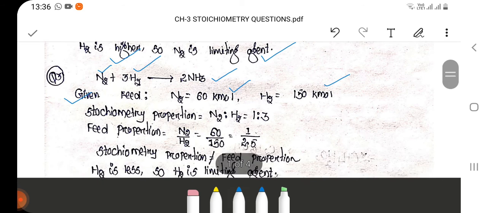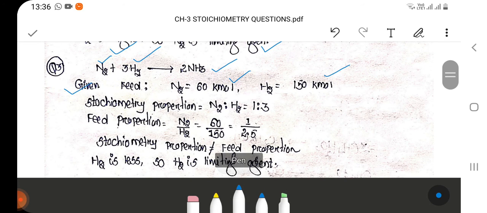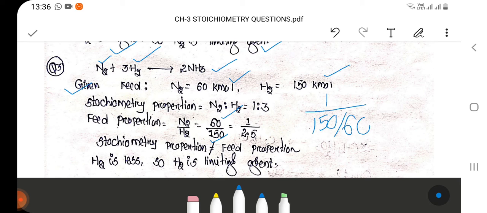Now let's come to the feed proportion. In the feed proportion, nitrogen is given 60 and hydrogen is given 150. So we have to divide 60 in the numerator and denominator. So what we get? 1 divided by 150 divided by 60. So dividing 150 by 60, we get 2.5.